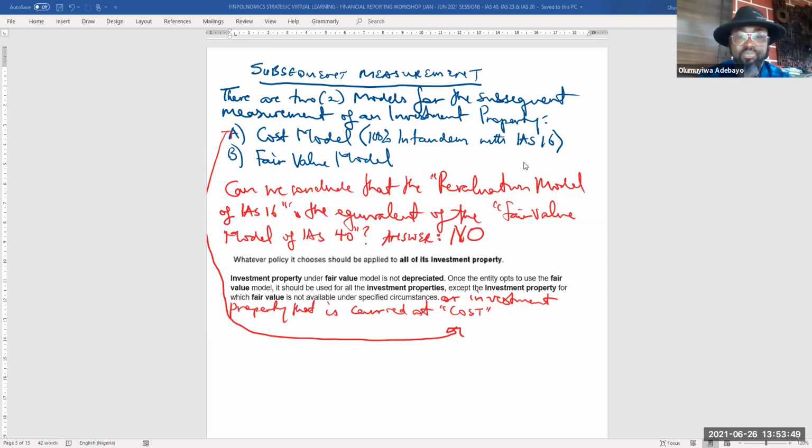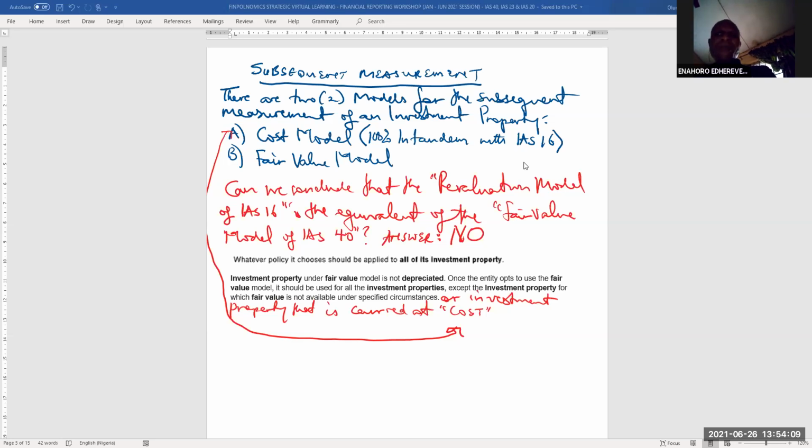Now, in that case, for a very small organization that does not have the resources to engage valuers every year, because of that consideration, they may opt for the cost model.